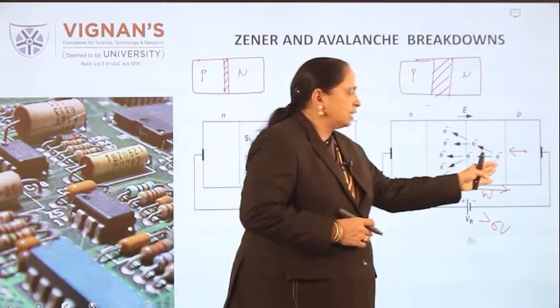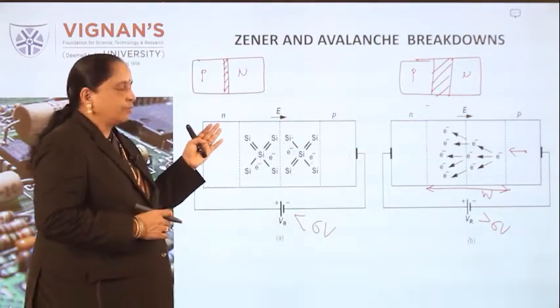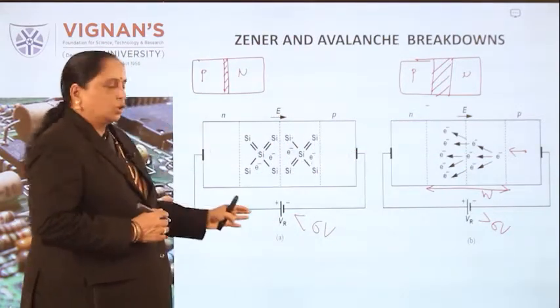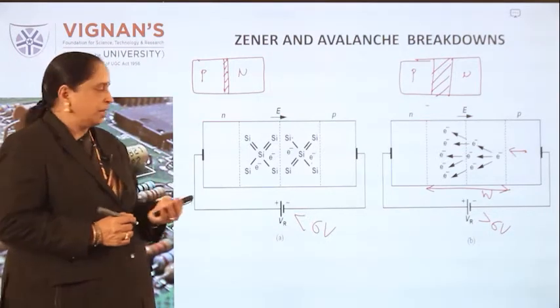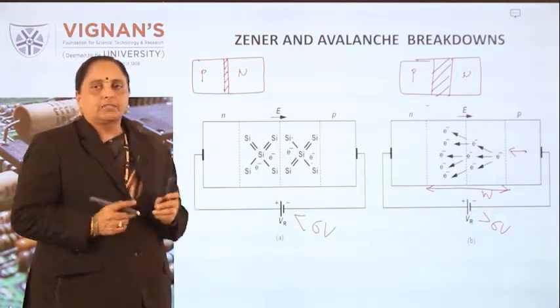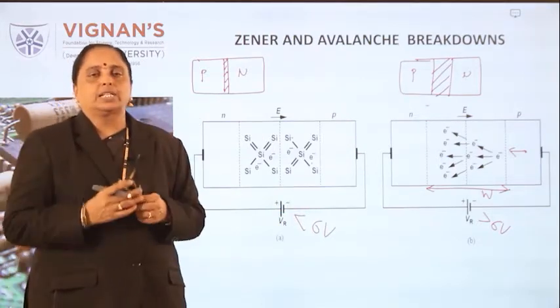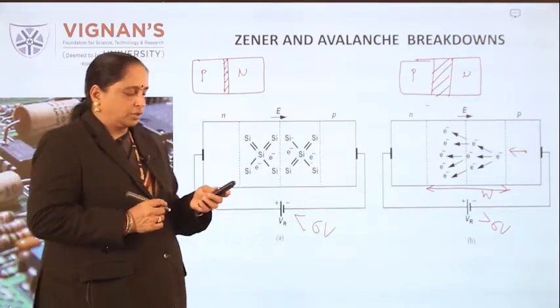Therefore, the avalanche multiplication takes place due to minority charge carriers. Whereas in case of a Zener breakdown, the doping concentration is heavy, that is, a heavily doped construction. Thereby, even with a small voltage, the depletion width will become narrow, and therefore Zener breakdown occurs due to direct rupture of the covalent bonds.